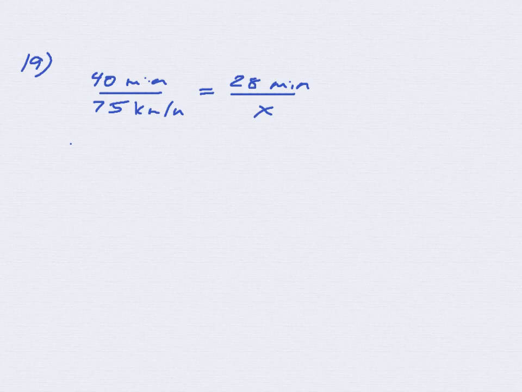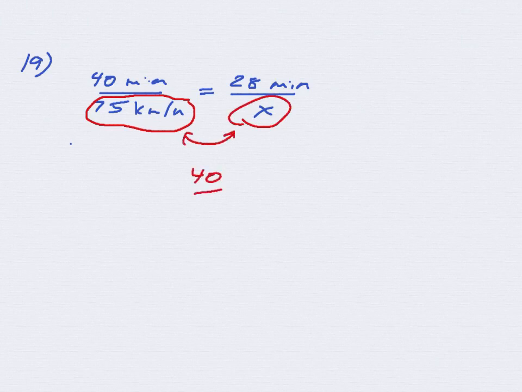And the answer is he has to speed up to get there faster, which means it's an inverse question, which means you have to switch your denominators. So 40 over x would equal 28 over 75. So cross multiplying and dividing, 40 times 75 divided by 28.